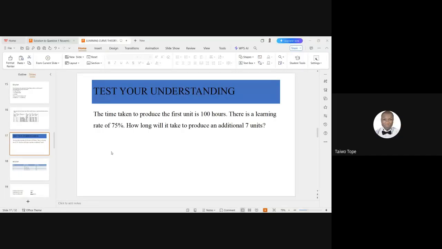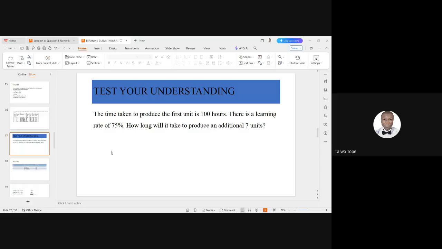Okay, so can somebody just try and do something? Come up with a table. From there, we'll move on. The time taken to produce the first unit is 100 hours. It means you have 1. When you double 1, you have what?